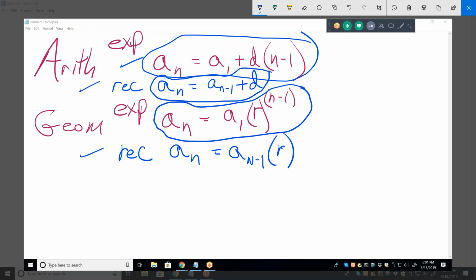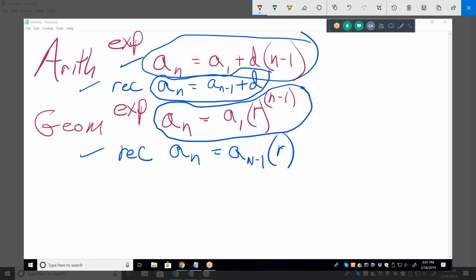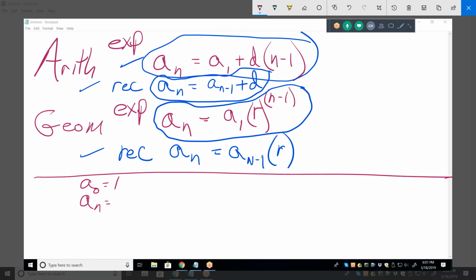Now, do you have any specific problems you can give me? Yes. Okay. Let's see. All right, so for this one, we have to write the first 5 terms of the sequence, and it gives us a sub 0 equals 1, and also a sub n equals a sub n minus 1 plus 4.